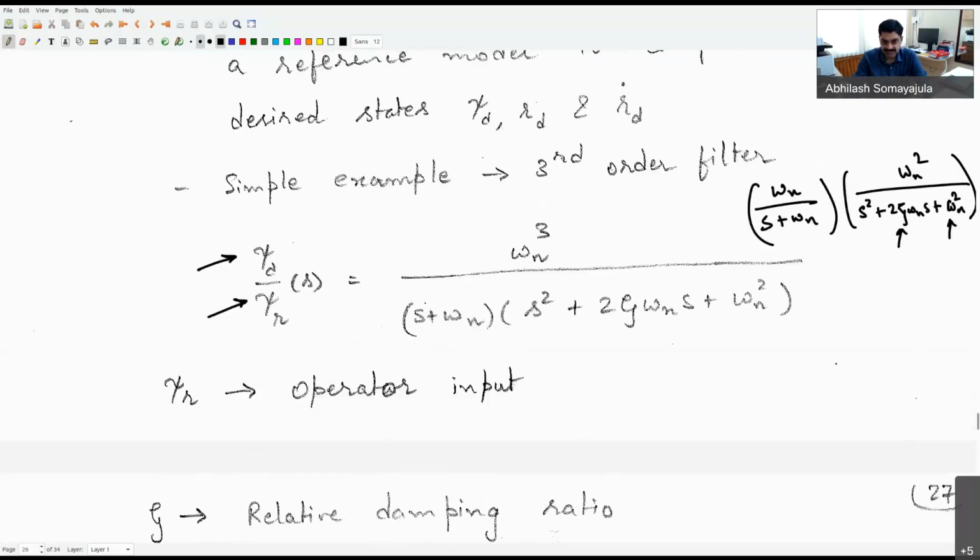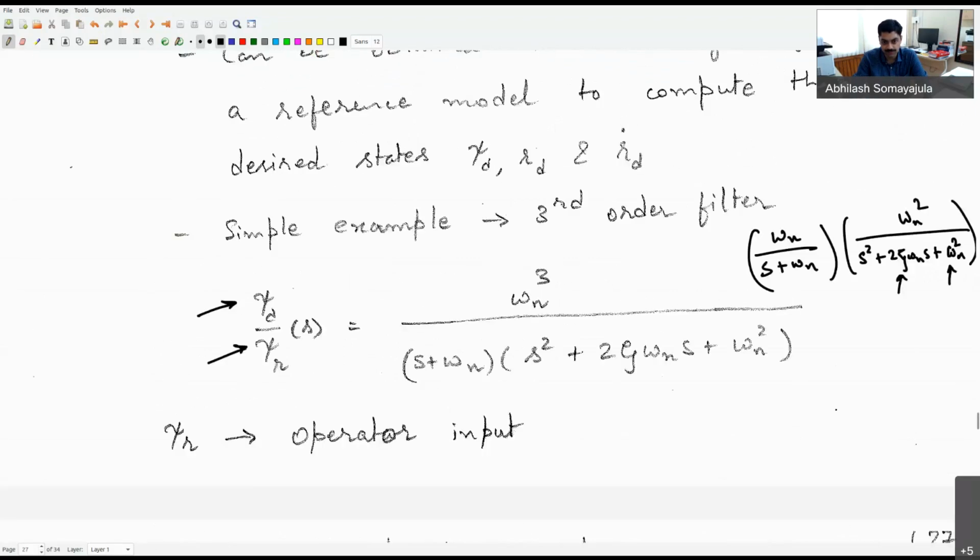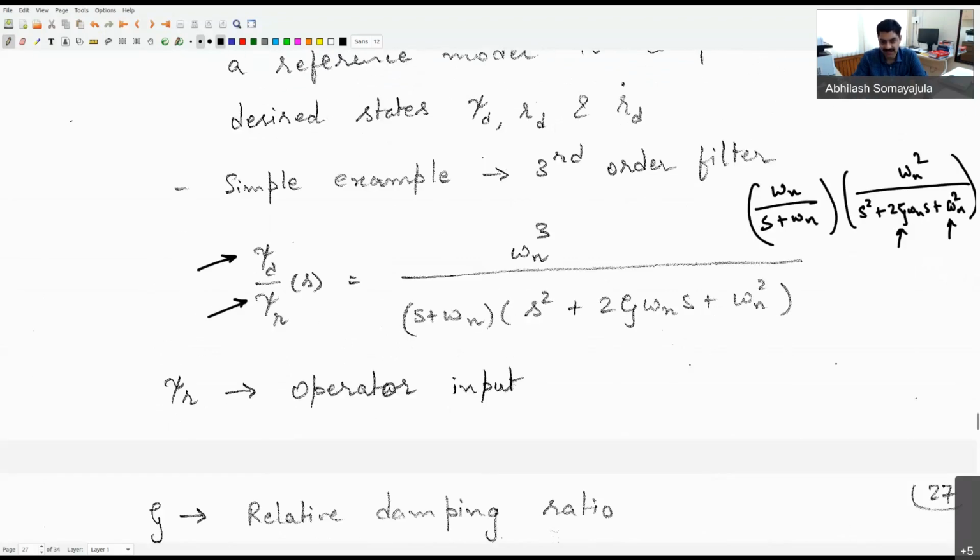We also observed that with this third order filter, it ensures that in the steady state, the value of the desired output is actually equal to the reference output, and that can be seen here from the transfer function, where I can say that psi d is equal to this entire thing times psi r, and if psi r is a step input, I can write it as psi r0 by s.